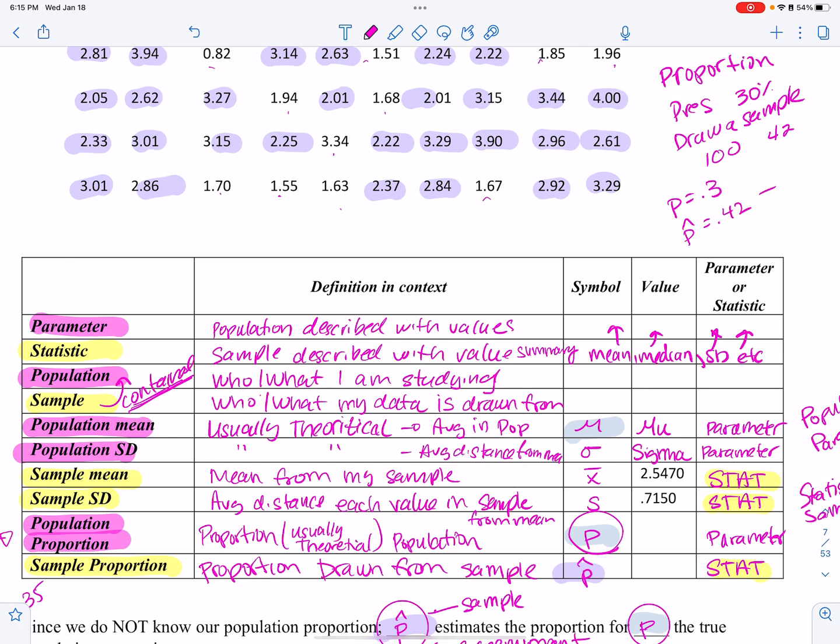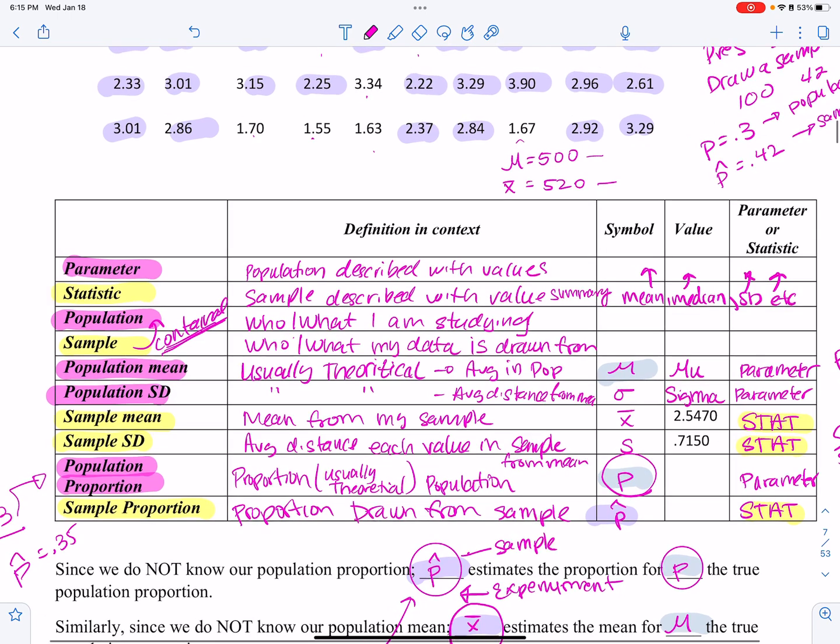So remember, P hat comes directly from my sample, and P is what comes from my population. This would be similar with means, except it would be mu. Like if I think about 500 out of this group, and your X bar would be, let's say, 520 or something like that, and my mean mu is again population, and X bar is from my sample.